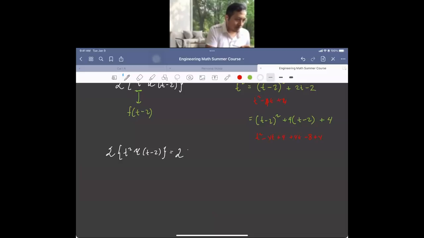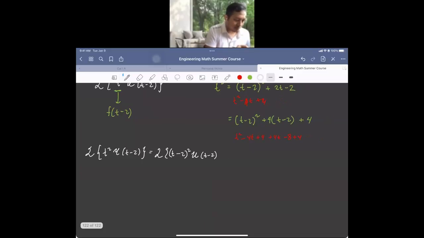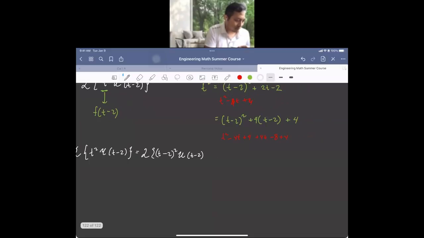So we are having Laplace of the t minus 2 squared, and then plus 4 t minus 2, and then Heaviside t minus 2, and then plus 4 Heaviside t minus 2.